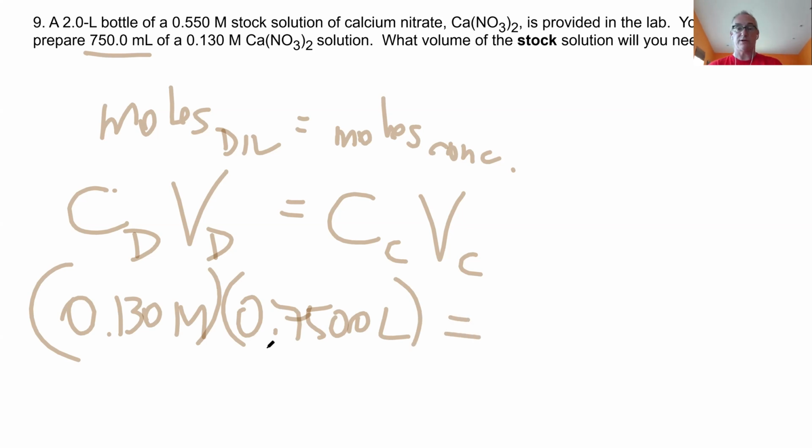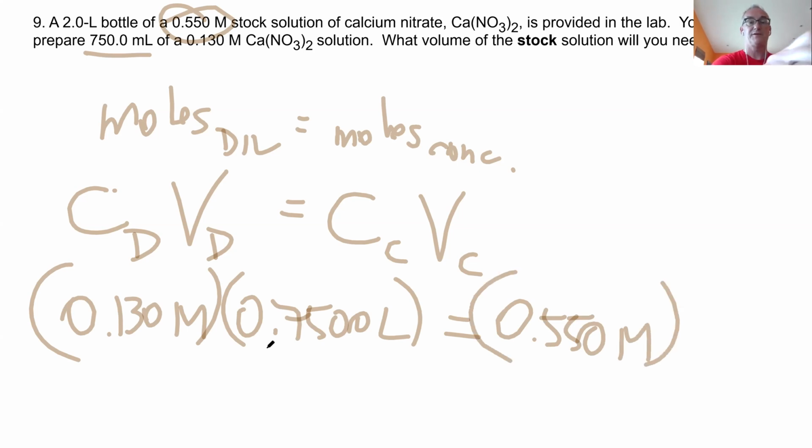That is going to be equal to the concentration of my concentrated solution, which I know, so 0.550 molar times whatever volume of my concentrated solution. And I don't know what that is, so that's X liters.